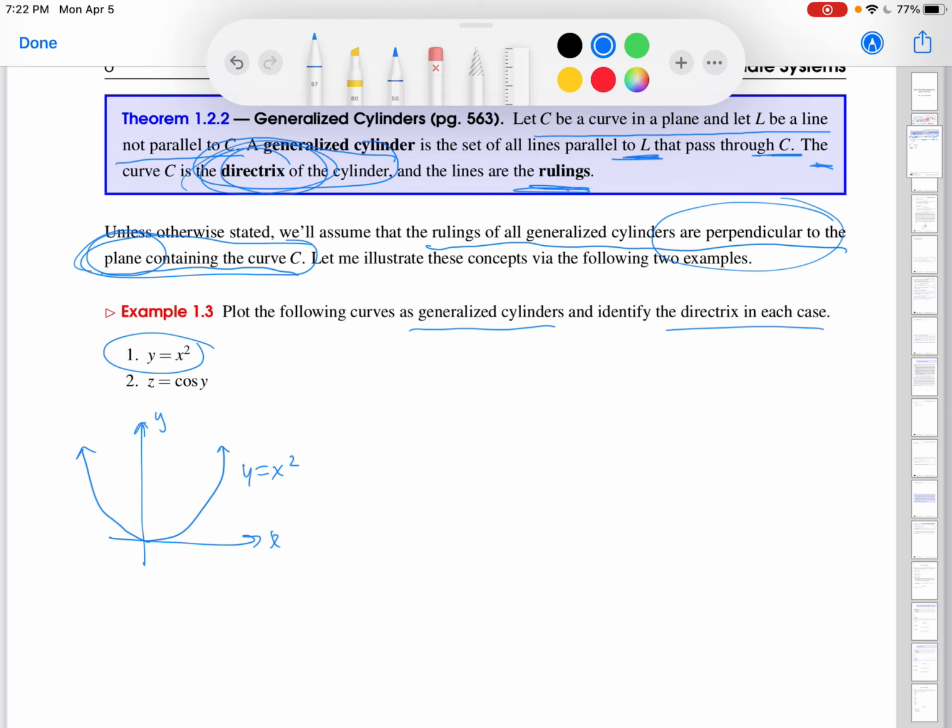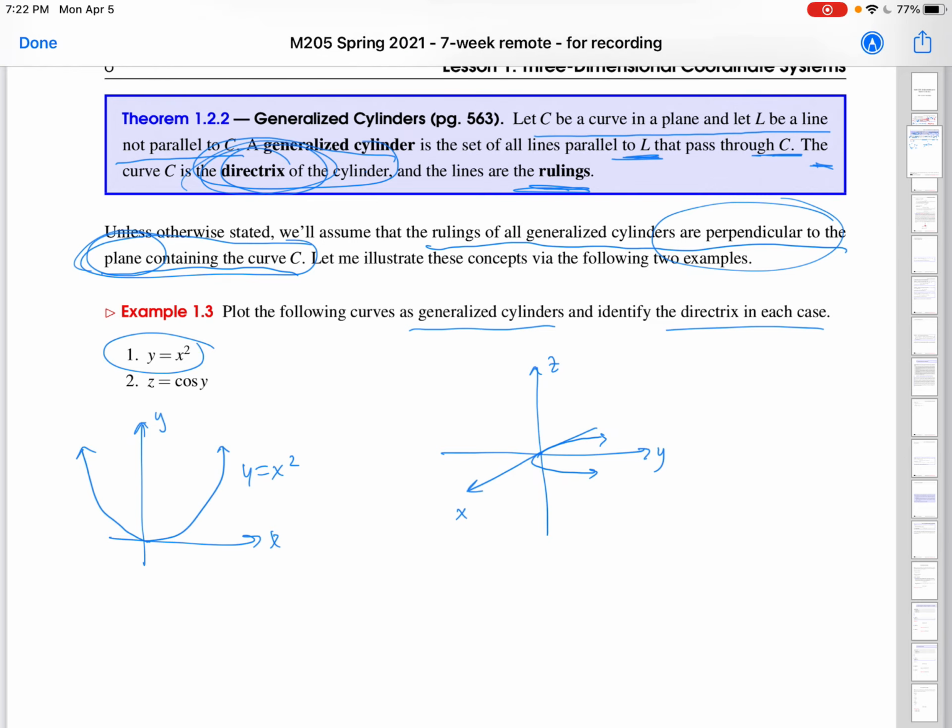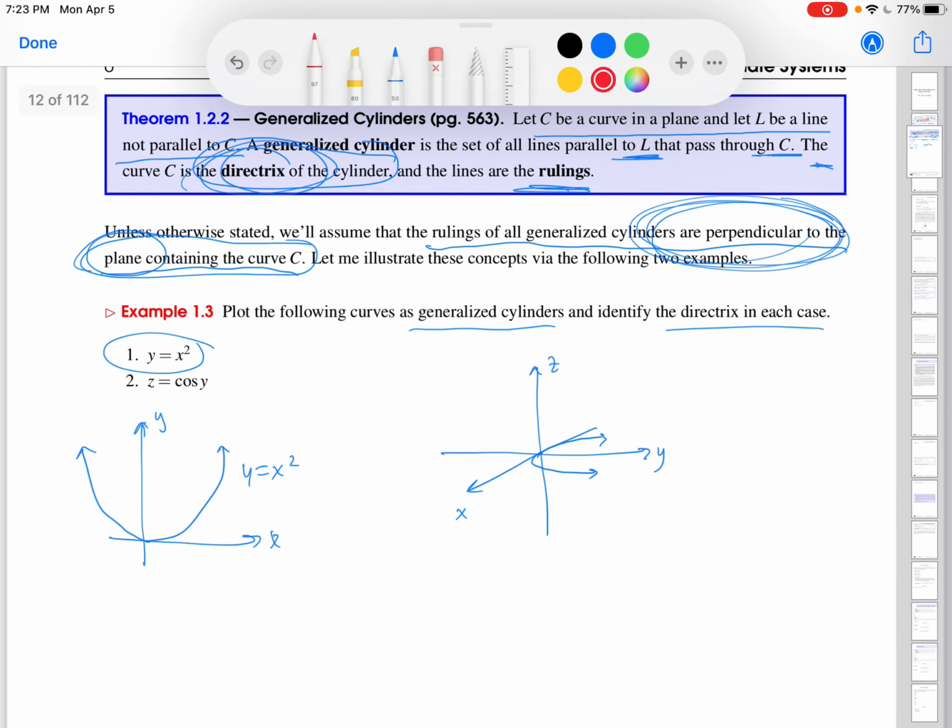If we now think of this as a generalized cylinder in R3, we're going to draw our parabola in R3, y equals x squared, goes back there, goes like this. Great, in the plane. Then we are going to draw rulings perpendicular to the plane containing the curve C. The plane containing the curve C in this case is the xy plane. The curve C is the parabola, and therefore that is our directrix.